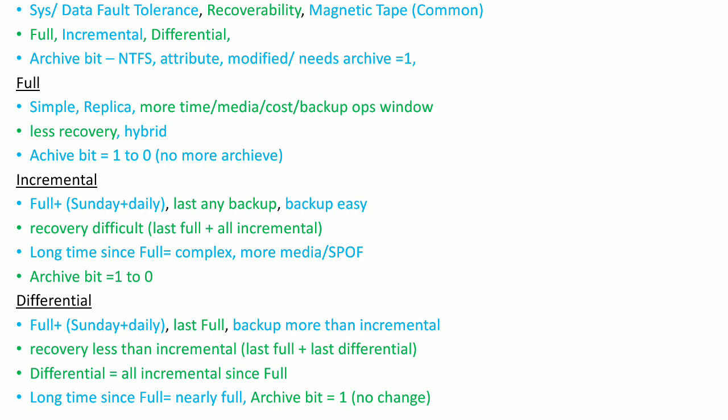Therefore the differential backup disregards the last differential backup of the last 24 hours, because the last differential backup does not change the archive bit.